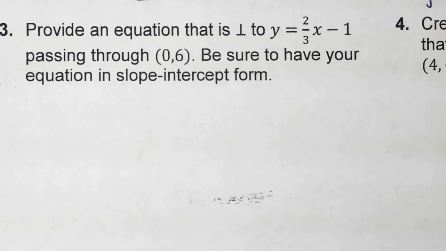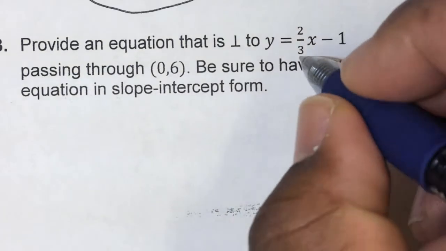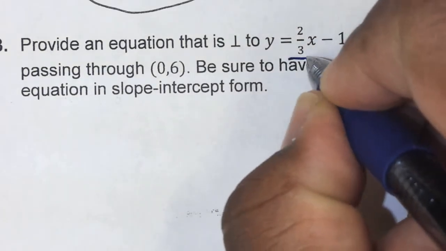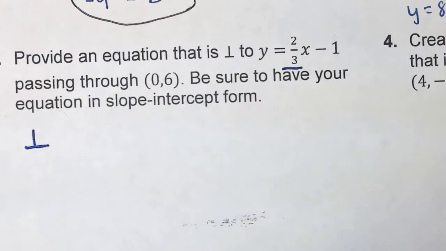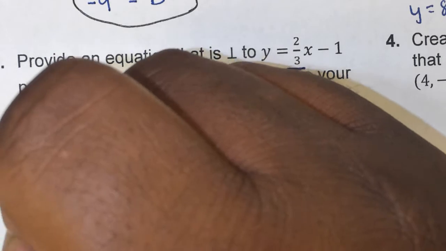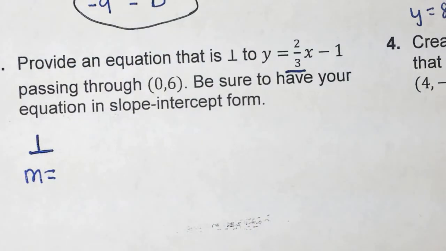Zulin, what's my slope? Say it again. Why are you whispering? 2 over 3. So Zulin, on this one, it's already in fraction form. We good. They said perpendicular. For my new equation, I need a perpendicular slope. What am I going to write?